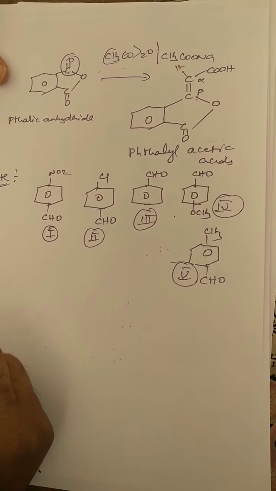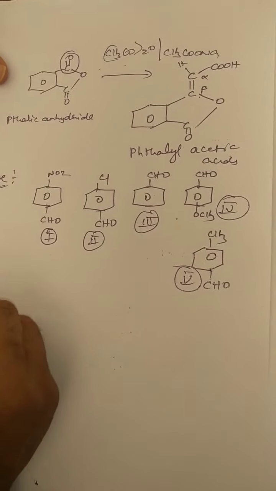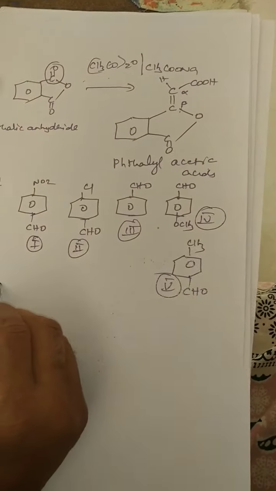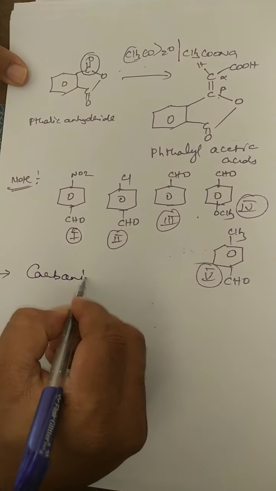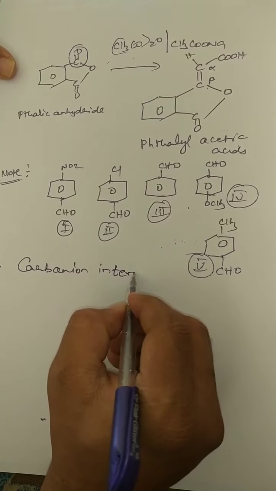towards Perkins reaction. What is the intermediate generated during Perkins reaction? That point you have to remember. Carbanion intermediate, because in all condensation reactions that is the major intermediate generated.